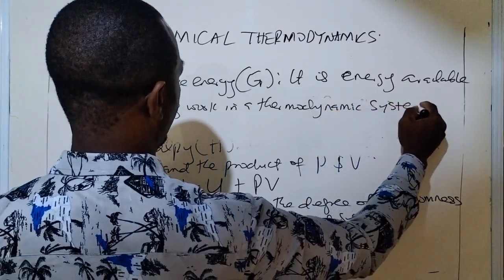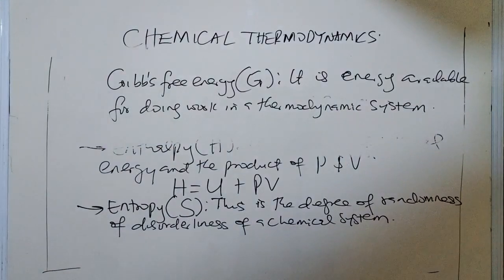So in thermodynamics, we are concerned with four major properties of the system. Internal energy is the total energy of atoms or molecules in the system. This energy can be potential, like vibration energy, or kinetic energy. Enthalpy is the sum of the internal energy and the product of pressure and volume, and can also be defined as the total heat content of a system at constant pressure.